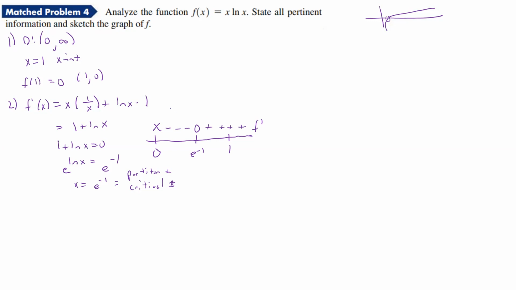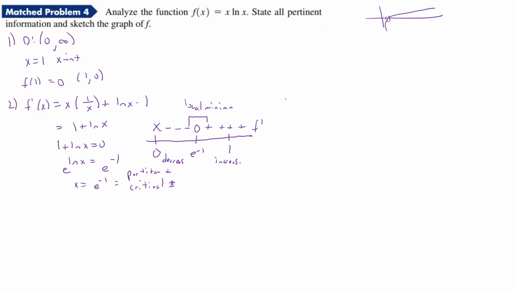Okay. So if we're going down and we go back up, that means that this has to be what? A local minima. And so we're decreasing here and we're increasing here. Okay.